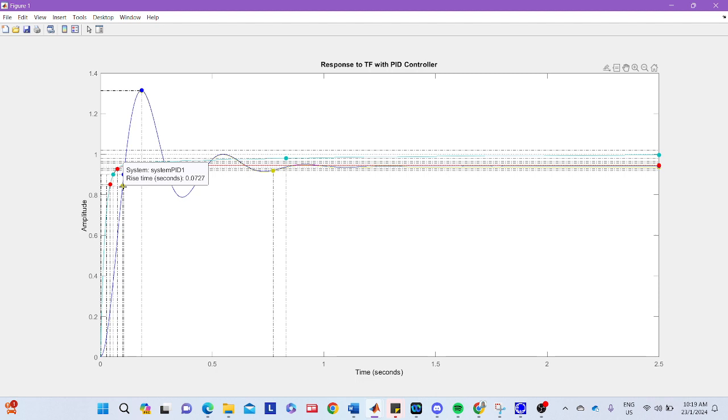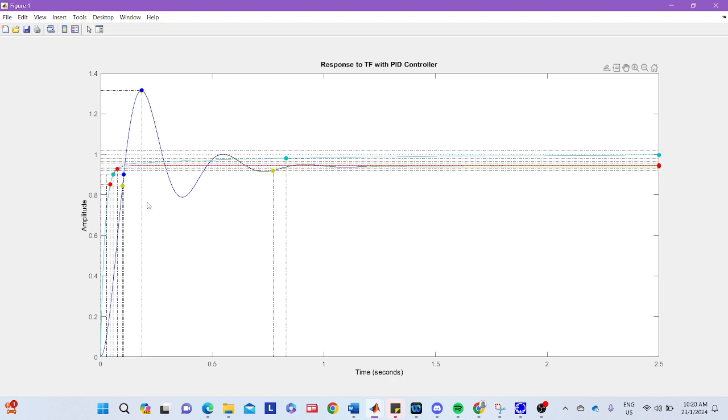Here, the yellow one is the system for number 1, number 2 is the blue one, number 3 is the red one, and number 4 is the light blue one.